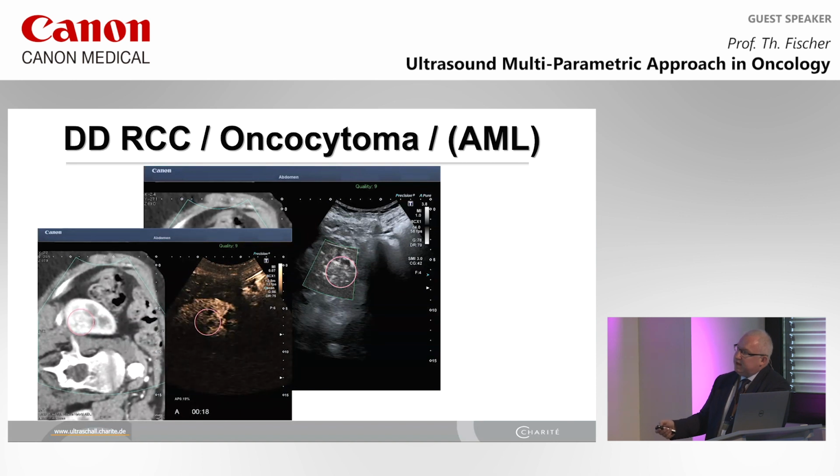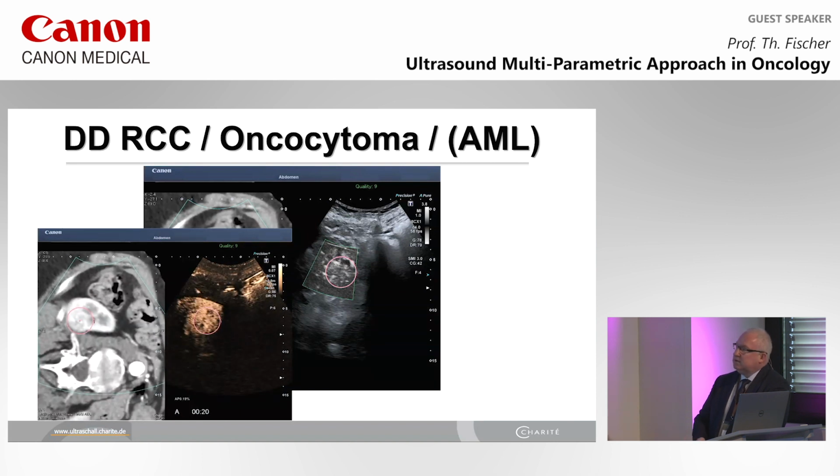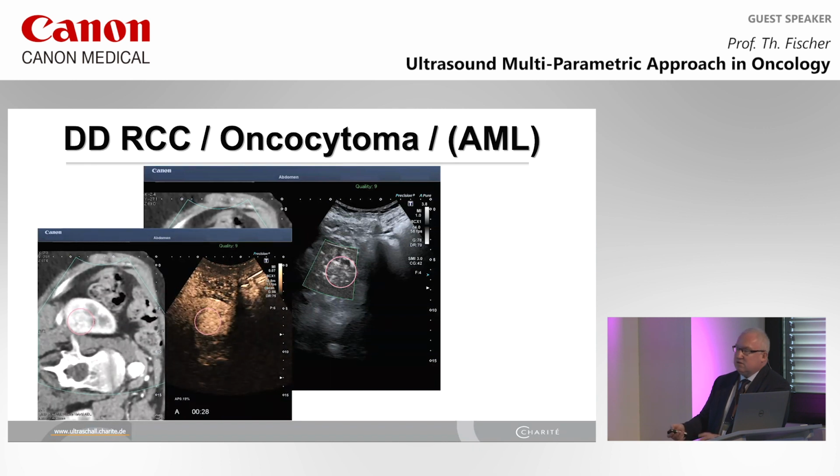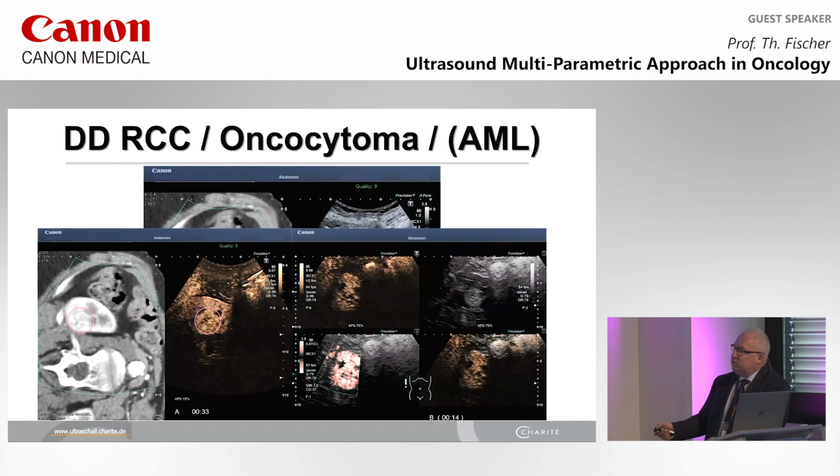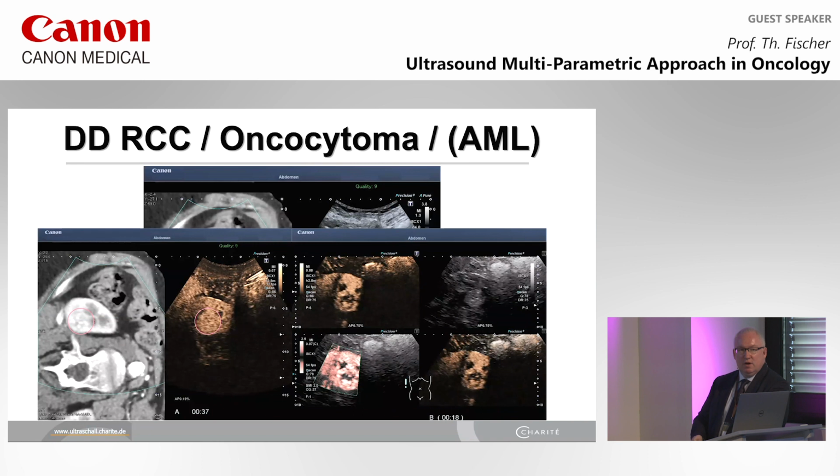You see this is a rim-like enhancement pattern. It's nearly isoechoic to the surrounding tissue, but if you look very carefully, we can see some tiny cystic or necrotic portions of the tumor. And once again, if we use SMI, we can visualize this much better, and this was a renal cell carcinoma of the clear cell type.